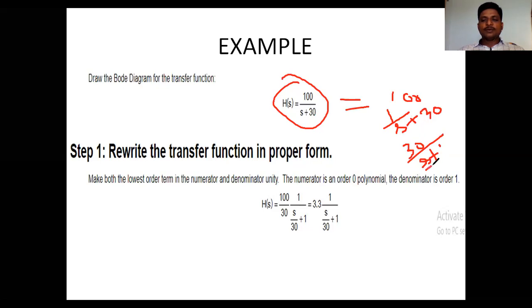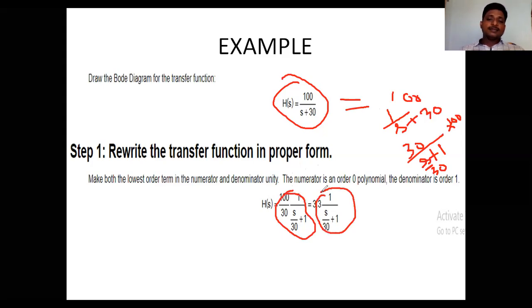So you will get 1 by s by 30 plus 1, into 100. So 100 into 100 by 30, the constant is 100 by 30 into 1 by 1 plus s by 30. It is in the form of 1 by 1 plus st, so you can change the given function like this.